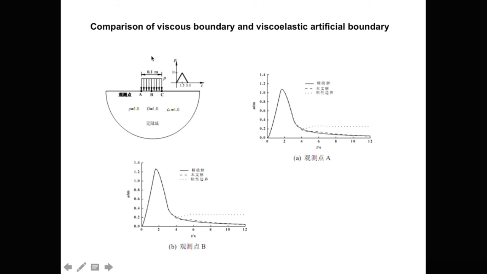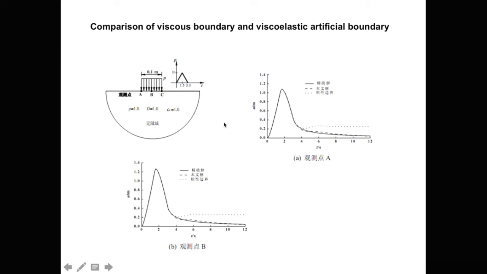Let's see the comparison of the viscous boundary and the viscoelastic artificial boundary. This is the load acting area from A, B, C. And this load is given with this wave, a triangular shape wave, only one cycle.